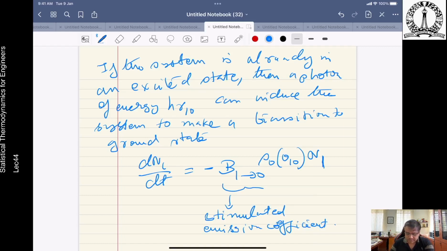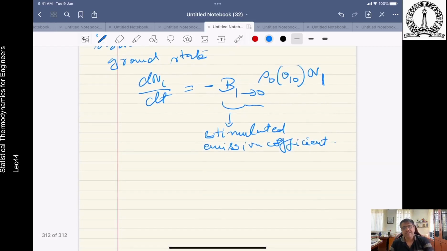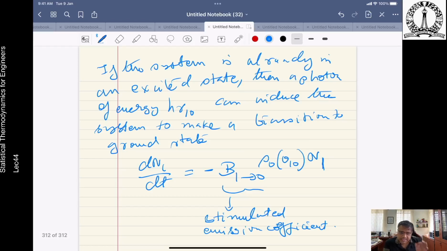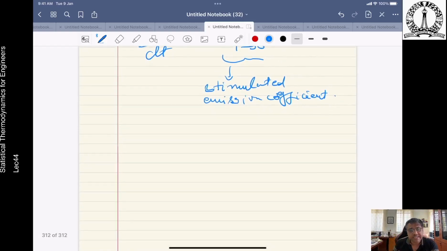Okay, so finally, if a system was there in the excited state, you are just hitting it with a particle of light, and it induces a cascade or a transition to the ground state, and 2 photons are emitted in the process. Now, finally, if the system is in an excited state, it can spontaneously emit a photon also.